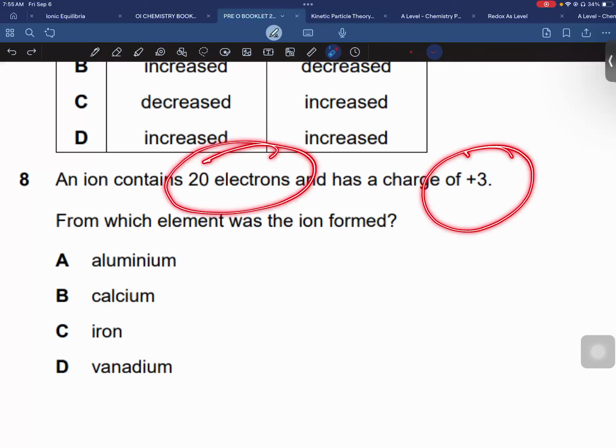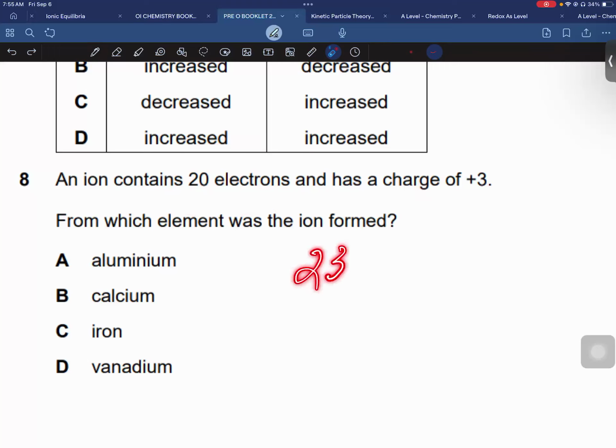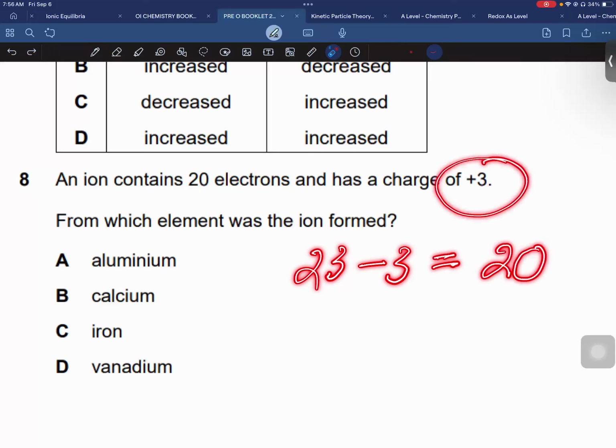It means that originally it had 23 electrons. After losing 3 electrons, it still has 20 electrons. That's why it has a charge of plus 3. So we have to look at the periodic table and see what is the element whose proton number is 23. You will find that it is vanadium.